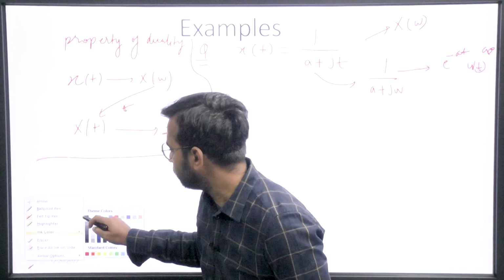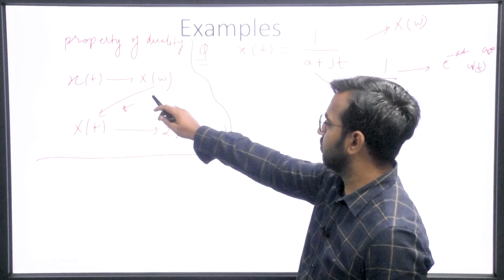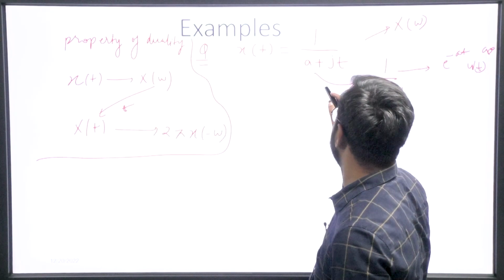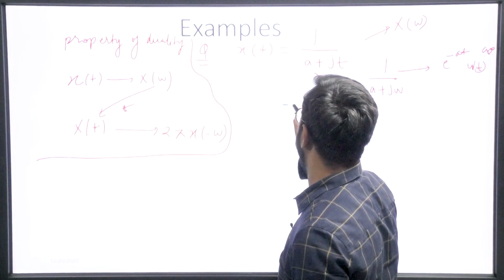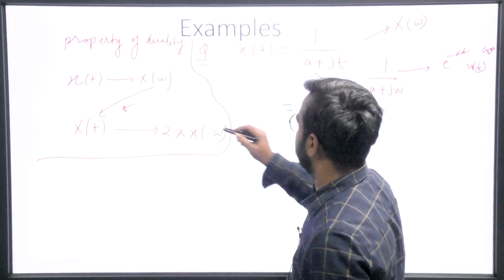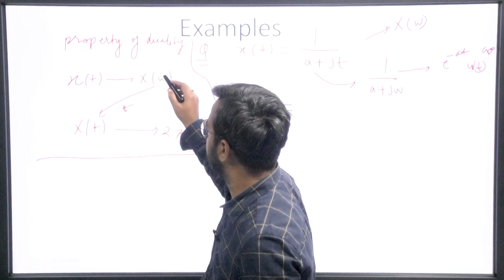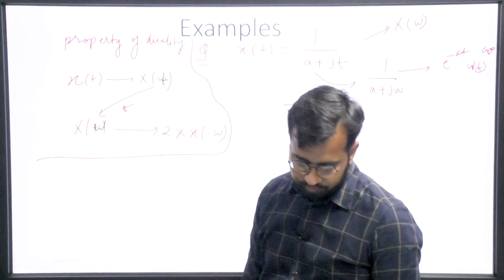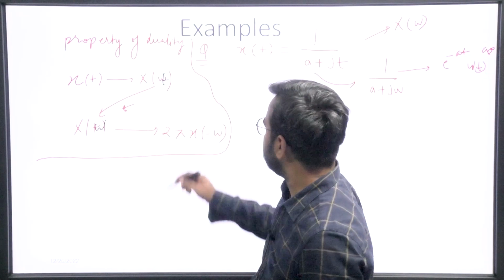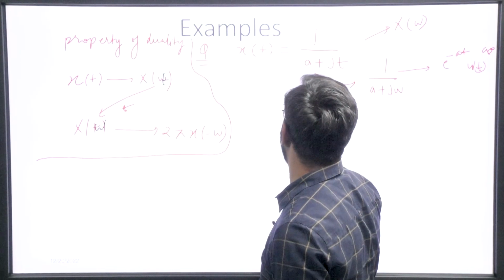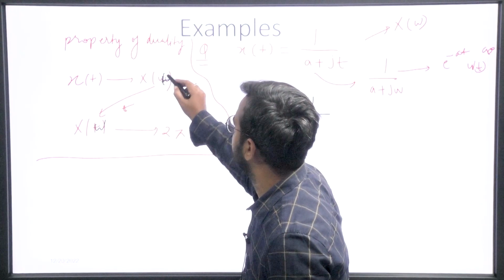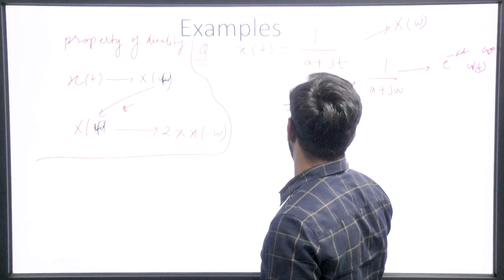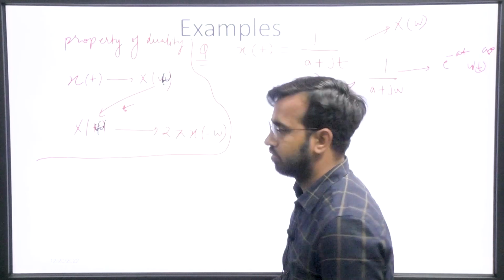First, what you have to do? You have to replace omega by t, so here you will get 1 upon a plus j t.